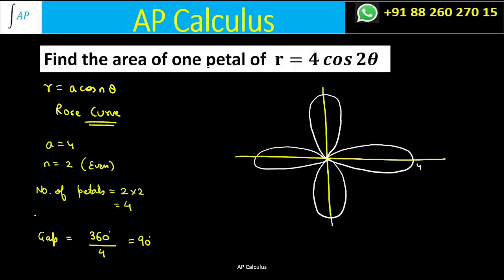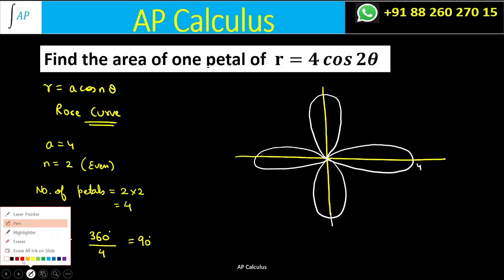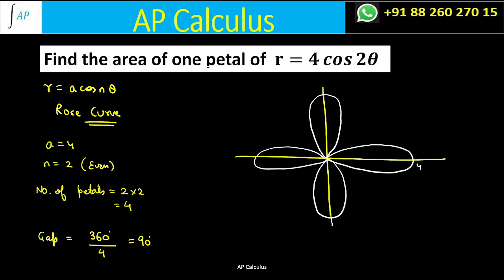Now if you look at the radial lines over here, the first one is pi by 4. This line over here is pi by 4. When we say 3 pi by 4, this is this line. Then the other one is 5 pi by 4, it will be this line over here.